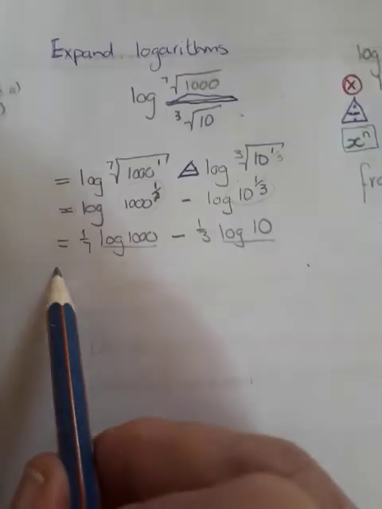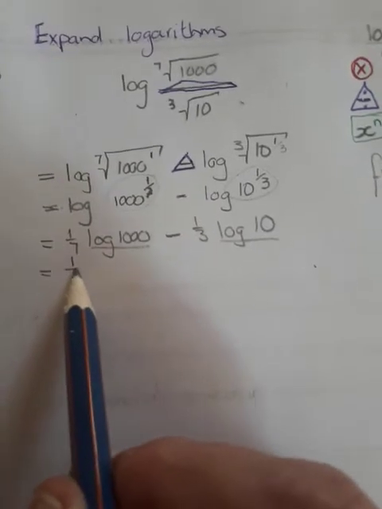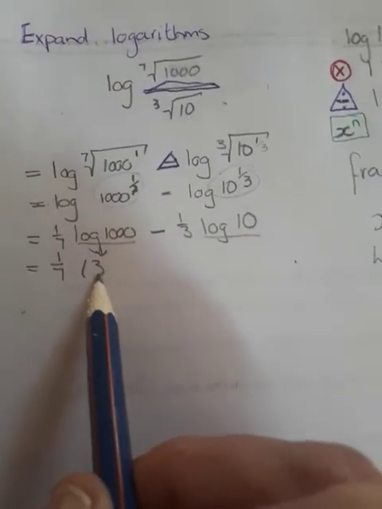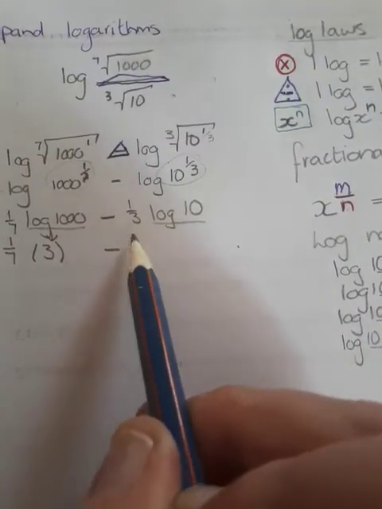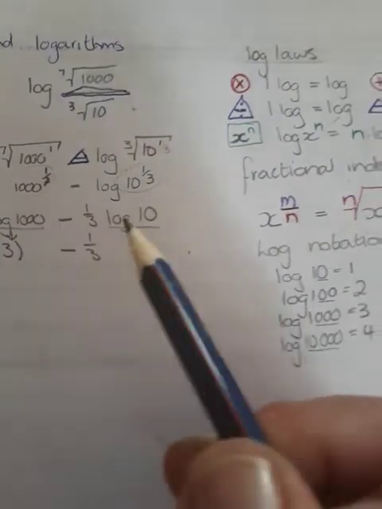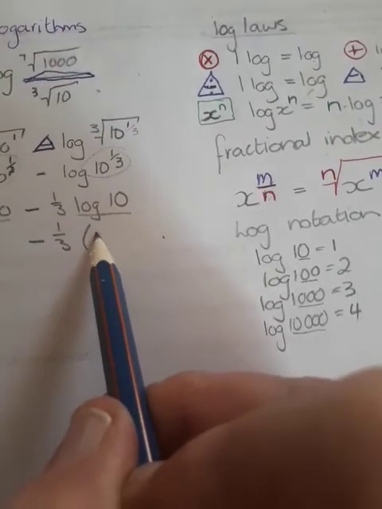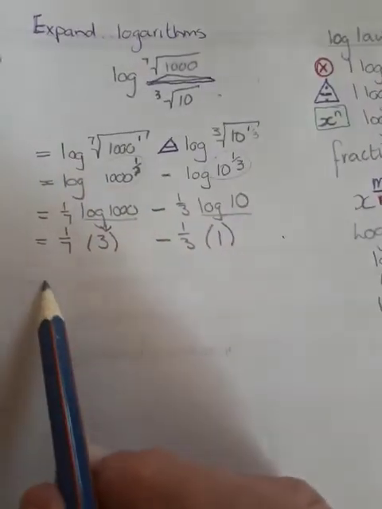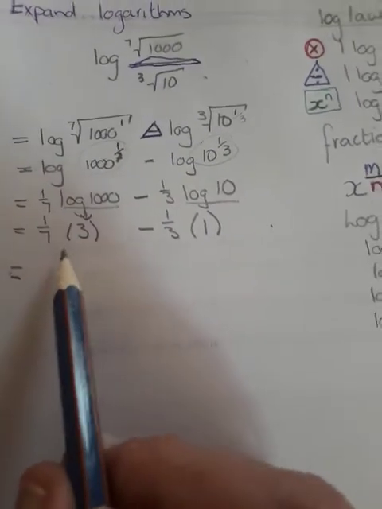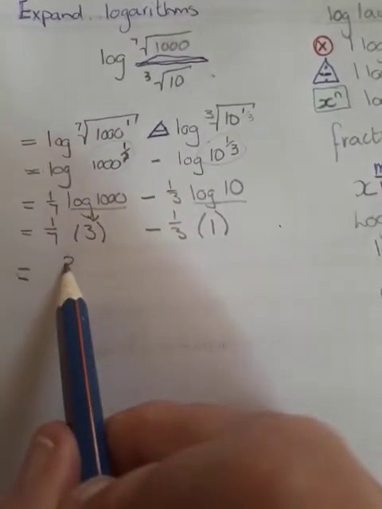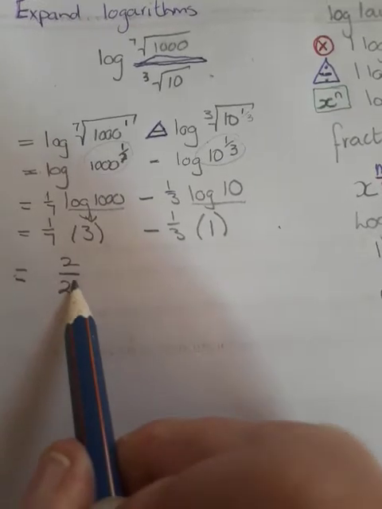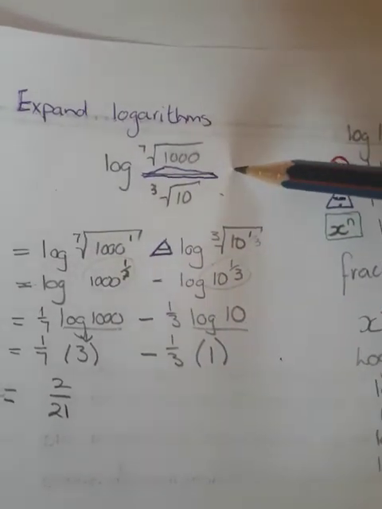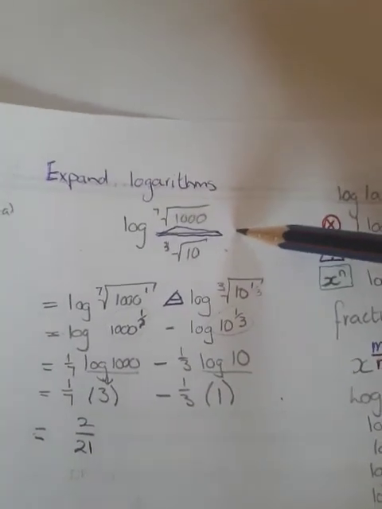So this will become 1/7, and the log of 1000 I change into 3, minus 1/3, and the log of 10 I will change into 1. Okay, and if you now calculate this on your calculator, your answer will be 2/21.